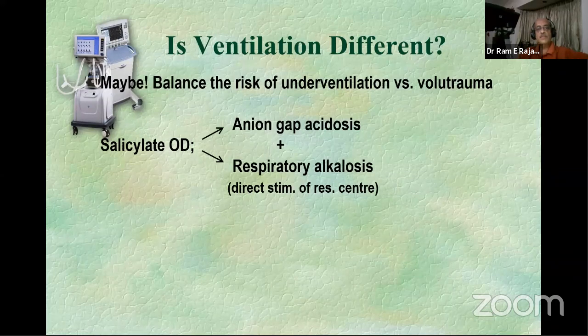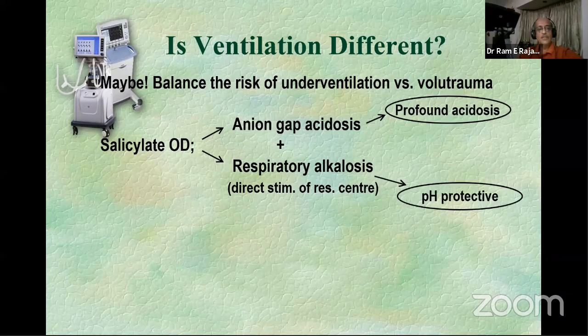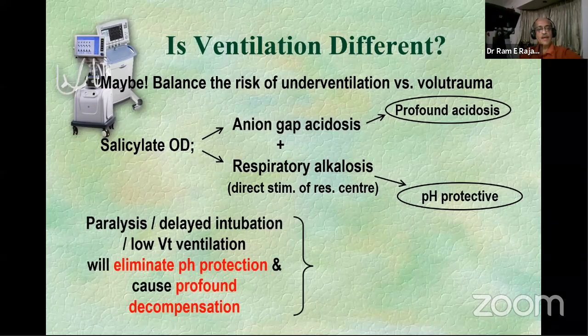And this is the usual difference under these circumstances, that the profound acidosis and the pH protection of the respiratory alkalosis would say that you need to intubate this patient as fast as possible, okay? Not with your routine paralysis, not with your low tidal volume, okay? But we need to do something to manage the pH in an appropriate way.